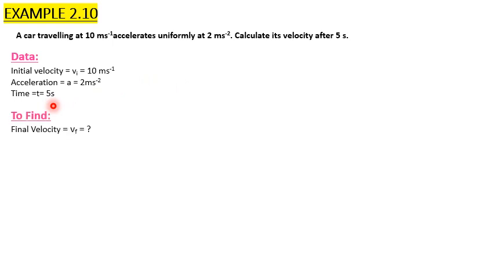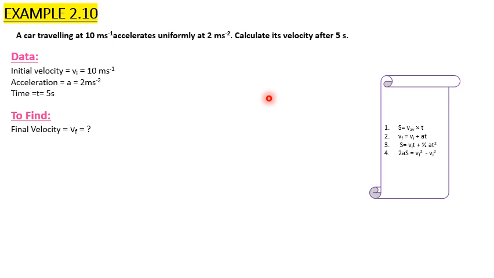We have to find the final velocity. Before solving it, we have to look at the formula list. So these are the basic formulas. S is equal to average velocity into time. Vf is equal to Vi plus At. S is equal to Vit plus half At square. 2As is equal to Vf square minus Vi square. Now we have to analyze this formula list and see which formula relates to our example.